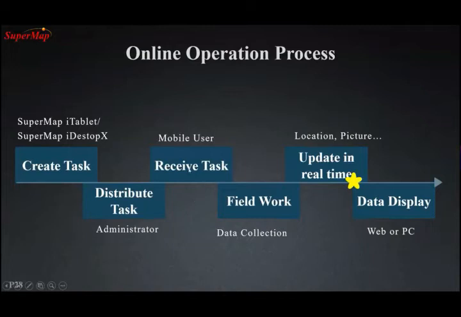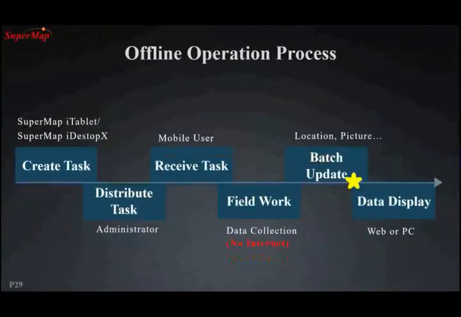And everyone can receive the task on the mobile. And then we can start the field work and do some data collection. And when you collect the data, it will update the data to iPortal or SuperMap Online. And also the data center can access the data in real time.